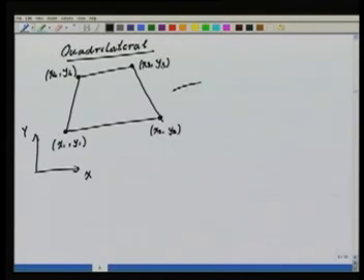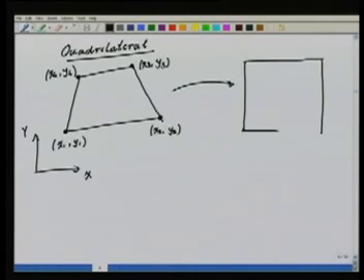We are going to take it to a master element which is defined as this. This is psi, this is eta, this is node 1 in the master element, node 2 in the master element, node 3, node 4.